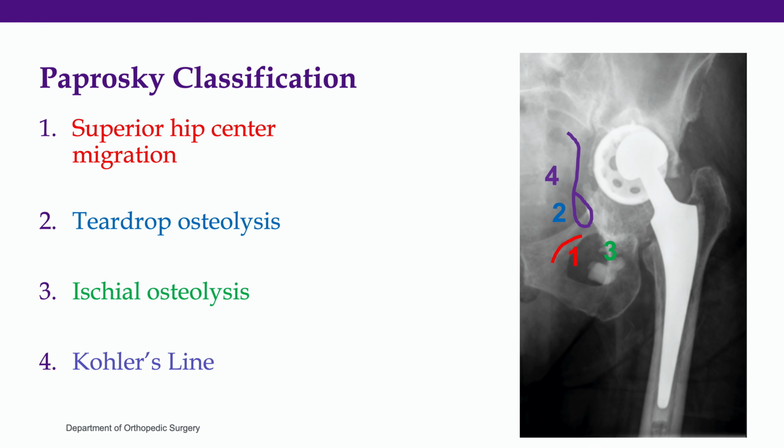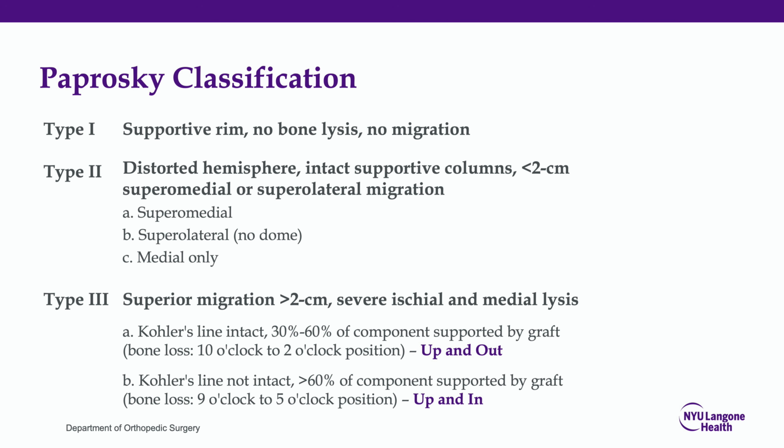So the Paprosky classification requires identification of certain landmarks and bone loss in certain locations. You want to identify if there's any superior migration of the hip center, if there's any osteolysis affecting the teardrop or the ischium, and whether Kohler's line is intact or disrupted. The Paprosky classification goes from type 1 defects, as I said, through type 3, and there are subtypes.